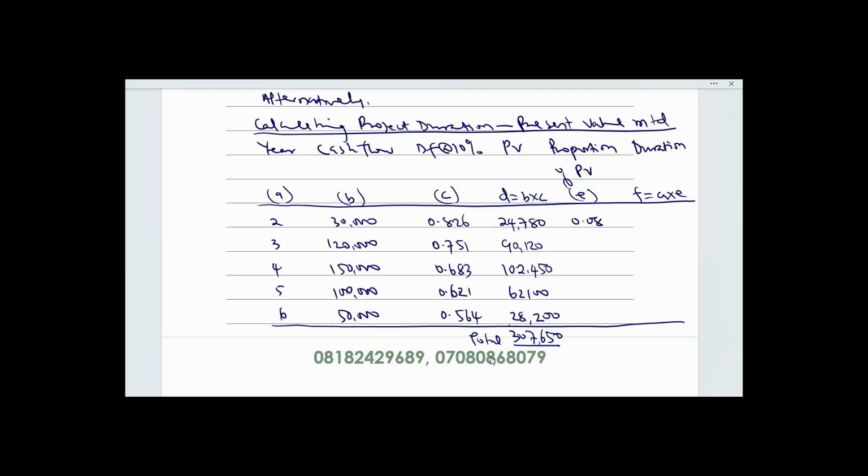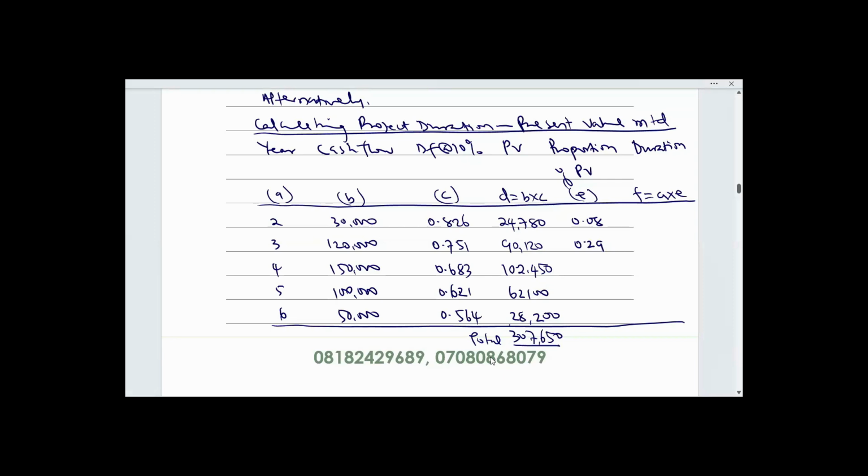Then the next one will then be 90,120 divided by 307,650 equal 0.29.